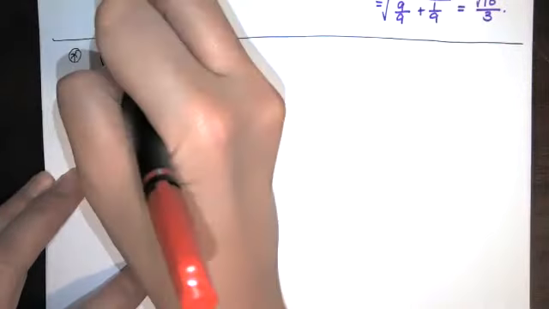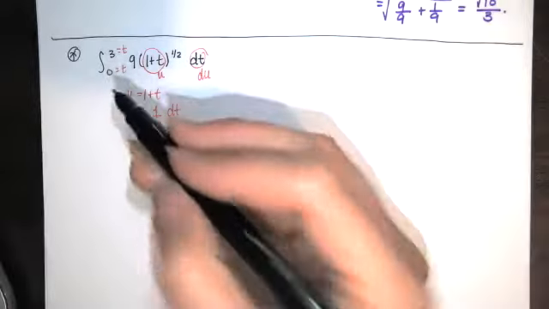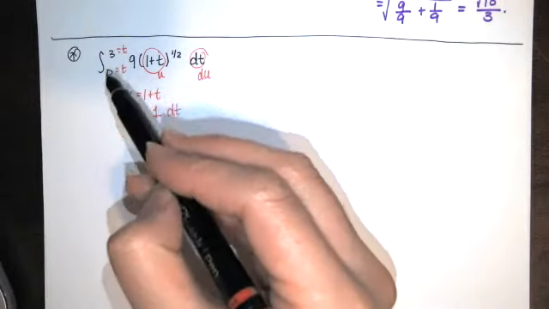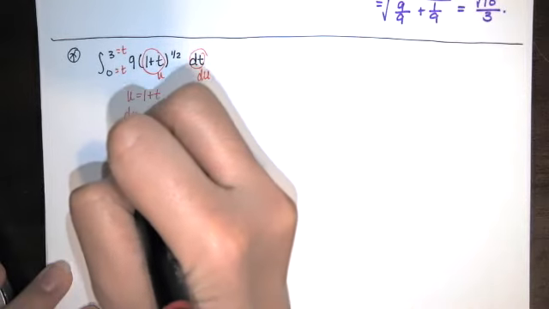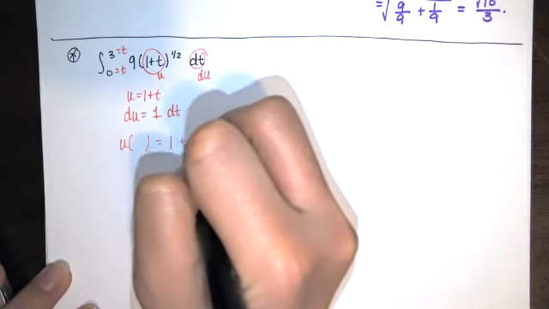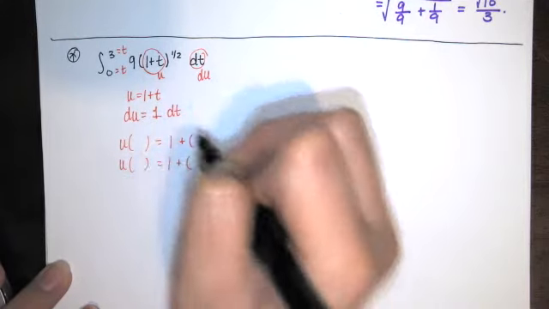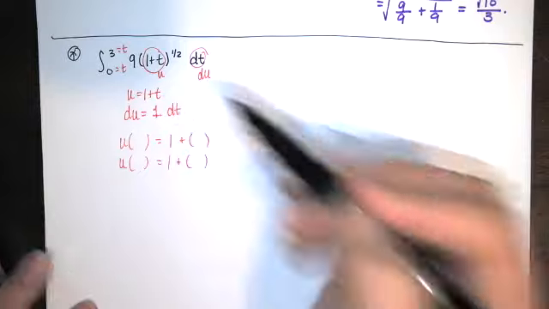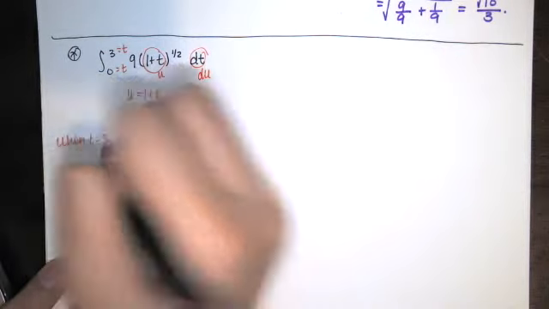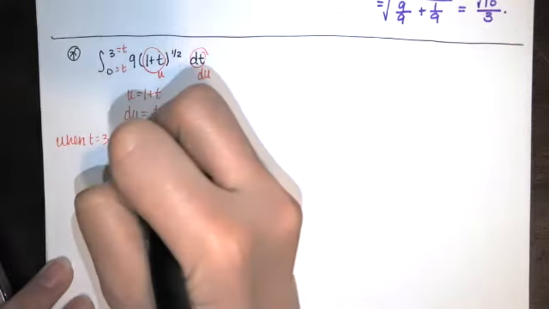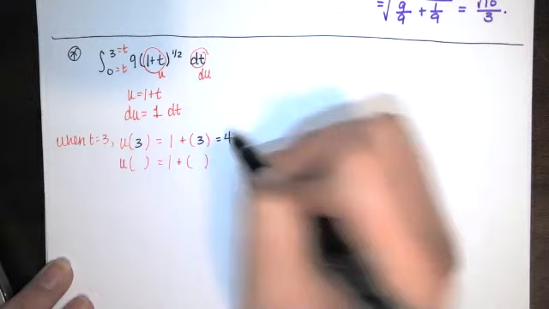These are t values. Whenever I write my integral in terms of u, I need the bounds to be u values. These need to be related to the variable over here. To find the bounds for u, all we do is substitute the bounds for t into the equation for u. So when t equals 3, u is going to equal u of 3, which is 1 plus 3, which is 4.